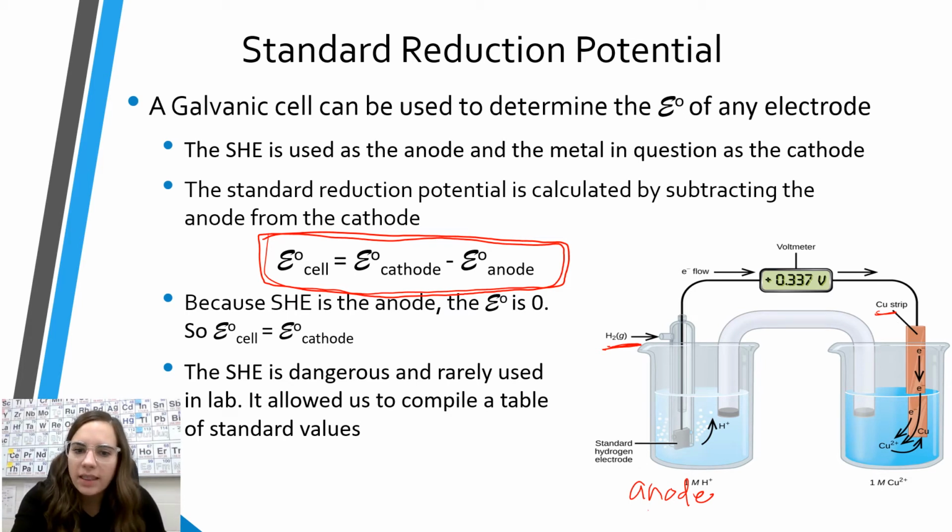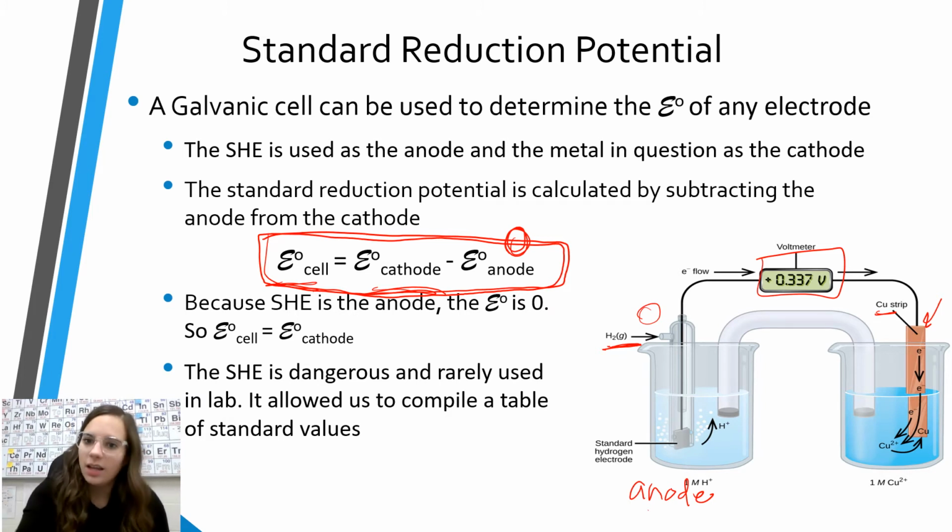Well, if we have set this as 0, then the voltage of the cell just equals whatever the voltage of the cathode is. So by setting this to 0, any voltage generated is being generated by the reduction of that metal, which then, for this example, means that copper's standard reduction potential is 0.337 volts.